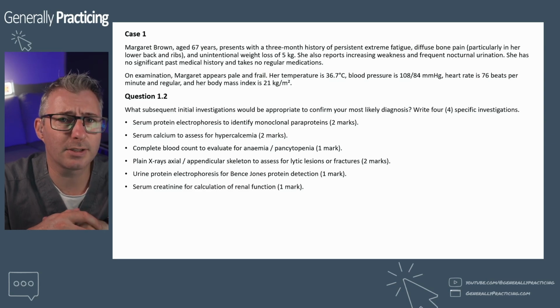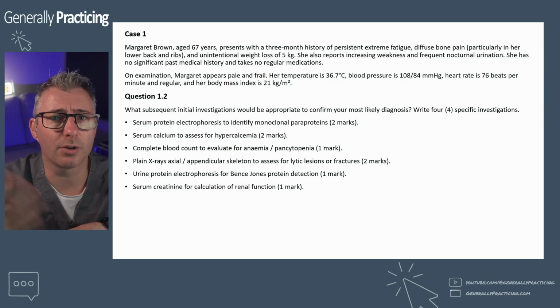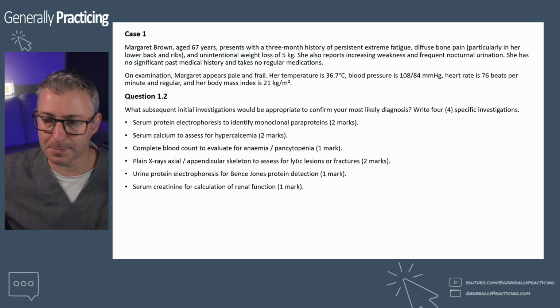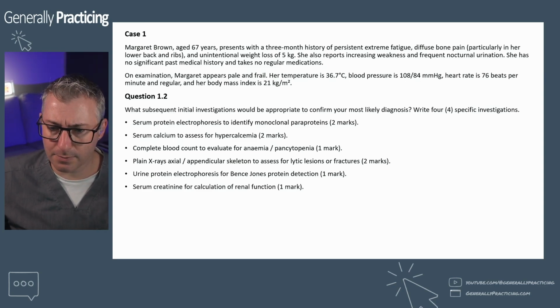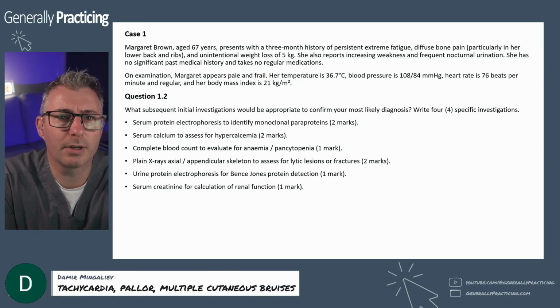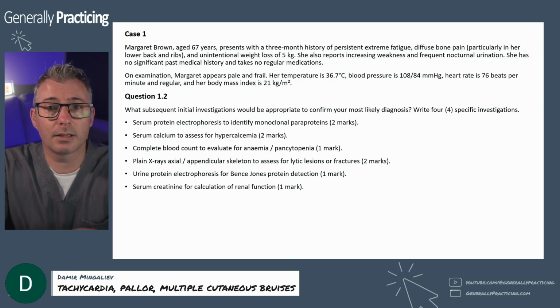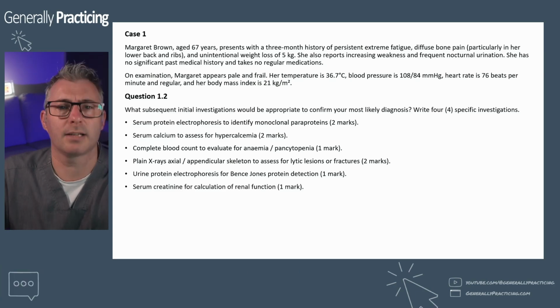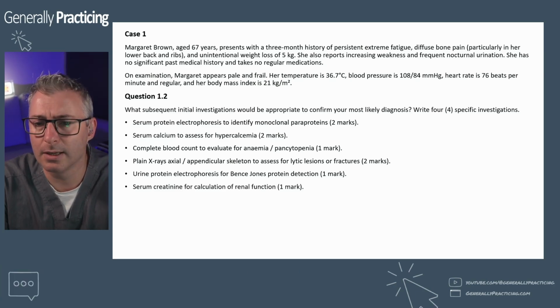And of course, serum creatinine for calculation of our renal function, which is potentially going to be impacted here. Having a look in from the chat, we also have mentioned here tachycardia, which looks like a response from the last question. But yes, all of those would definitely be fantastic answers for that last question there.